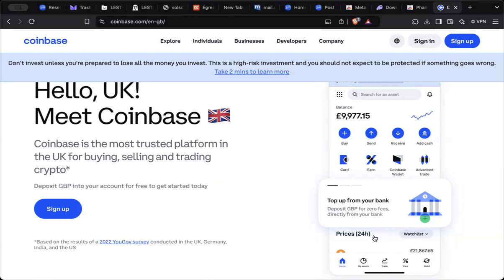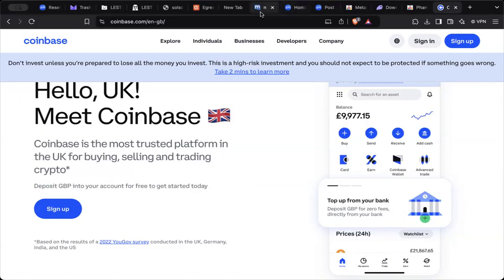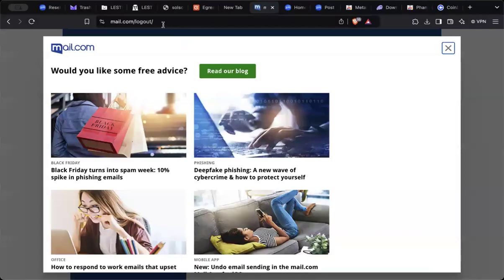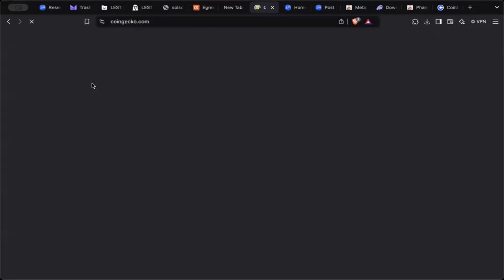Now, when looking for meme coins, there's a few places that you go to. Firstly, we'll go to, say, CoinGecko.